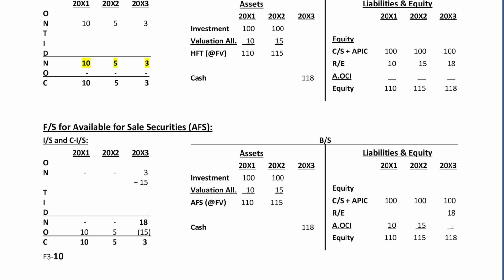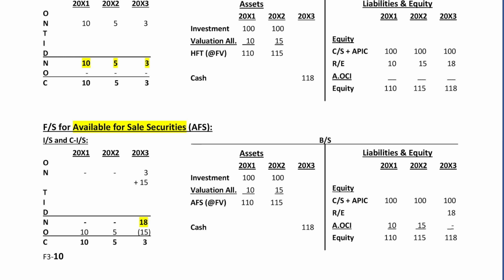So scroll down on this page and let's look at the financial statements for available for sale securities. If you look at the income statement, $0 of net income in year 1, 0 in year 2, and the entire $18 in year 3. The $10 of gain in year 1 went into OCI.